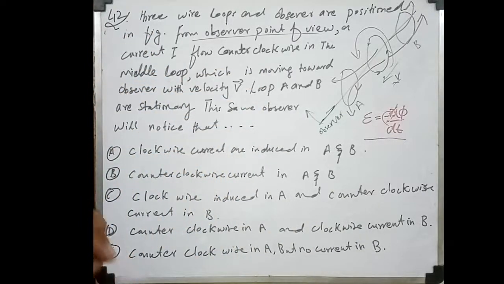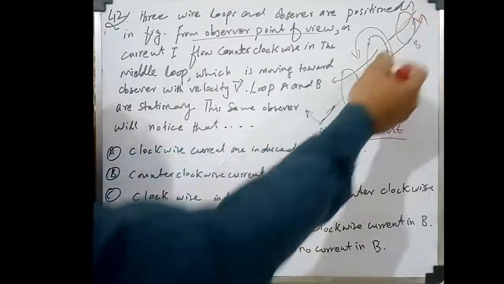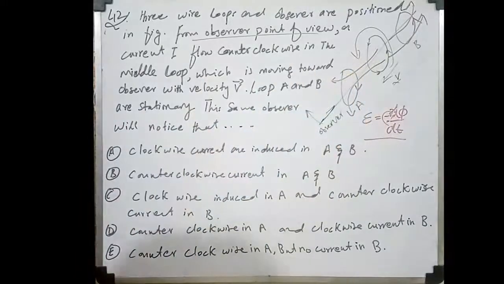so the electric current induced in loop B will be in the same direction as that of the middle loop.